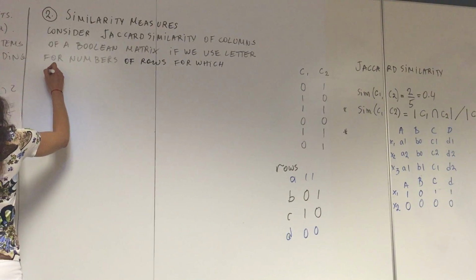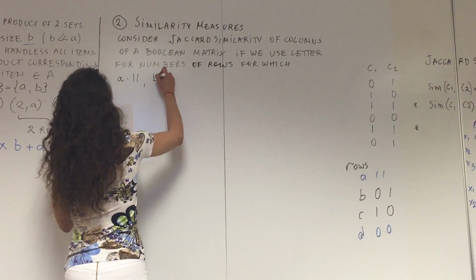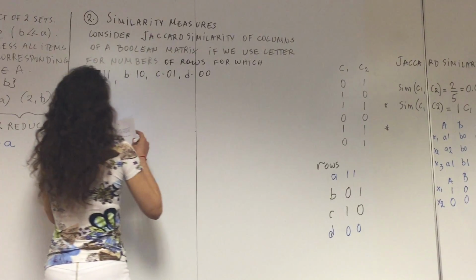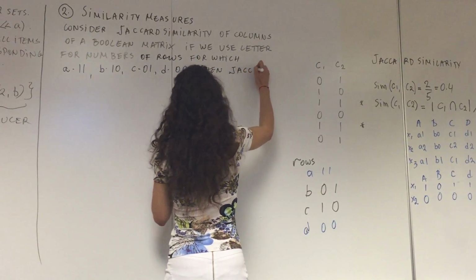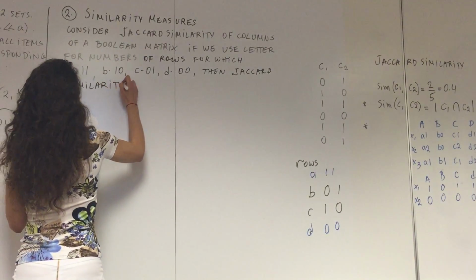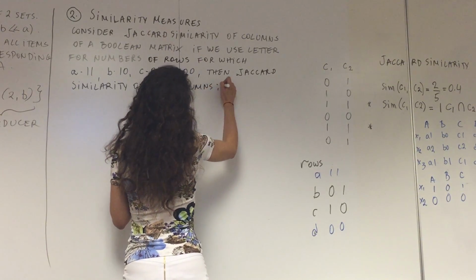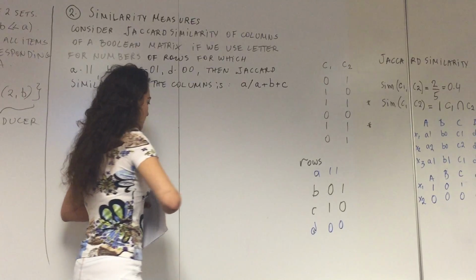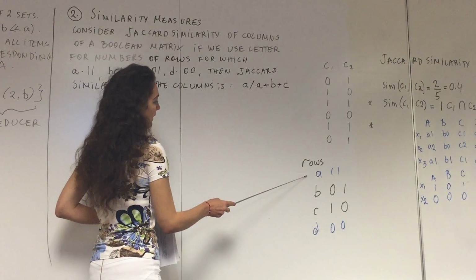So we have the same thing here. Then Jaccard similarity of columns is A divided by A plus B plus C. So basically, when they both have a 0, that is not considered. So it's A divided by A plus B plus C.